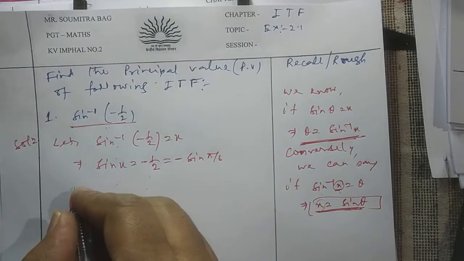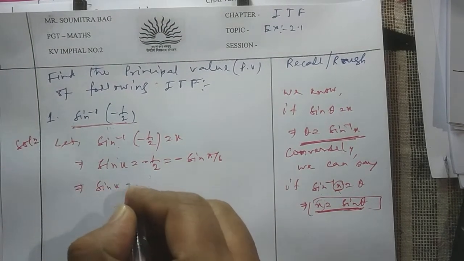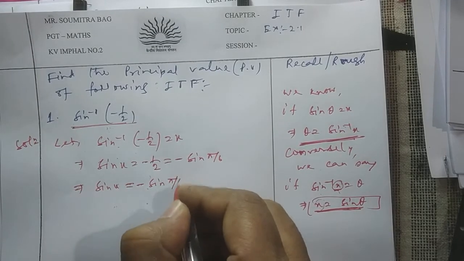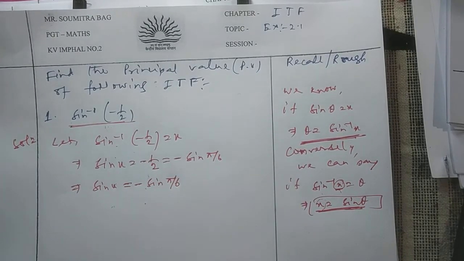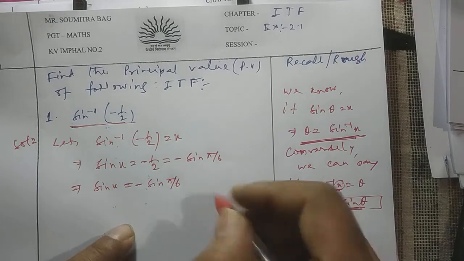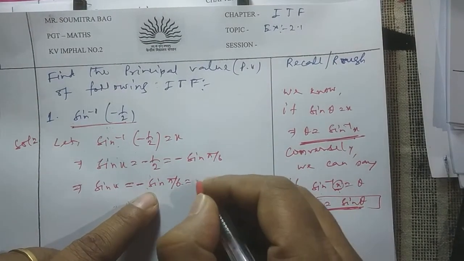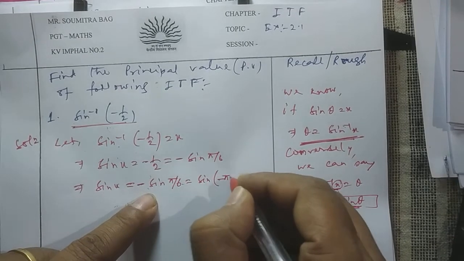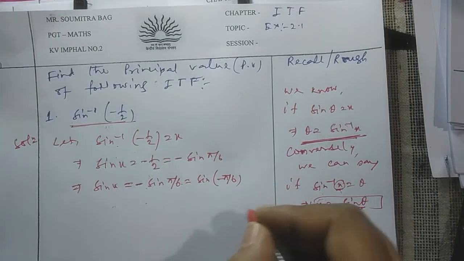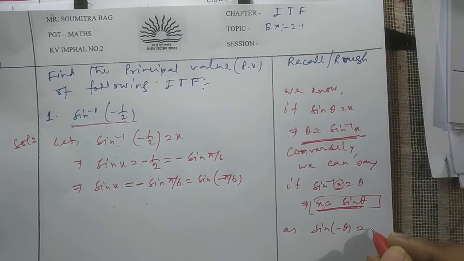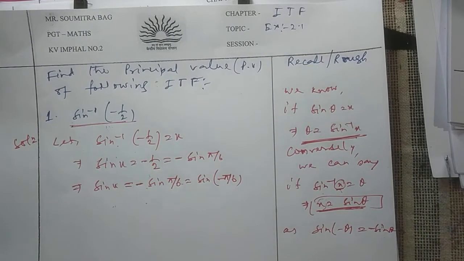Understood? So ultimately we have got sin x equal to minus sin pi by 6, right? Now this minus sin pi by 6 can be written as sin of minus pi by 6, because we know sin of minus theta equals minus sin theta, correct?